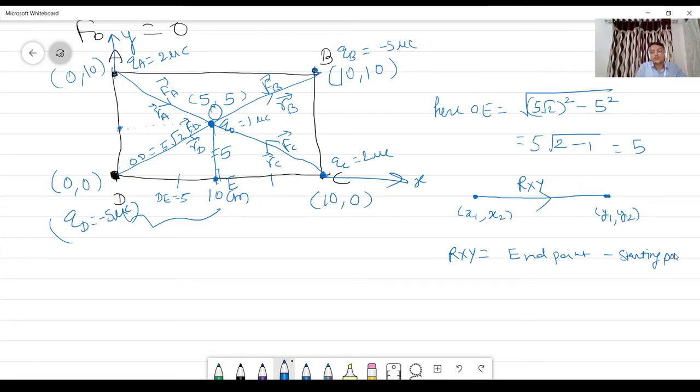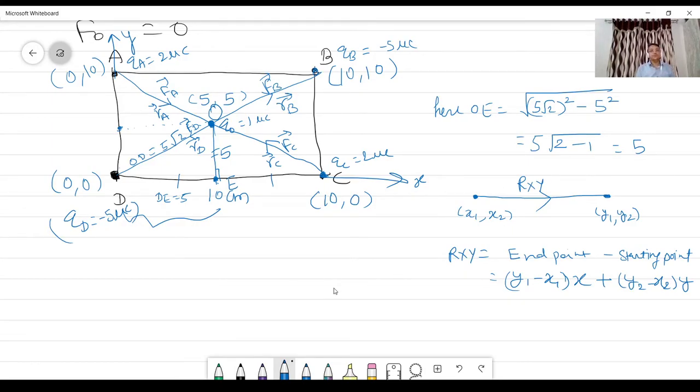The endpoint is y1 and y2, so I should write y1 minus x1 for the x coordinate, and plus y2 minus x2 for the y coordinate. So this is an interpretation of how to find a vector.